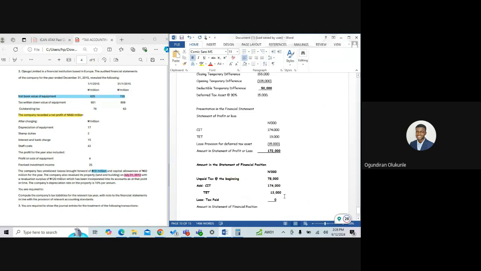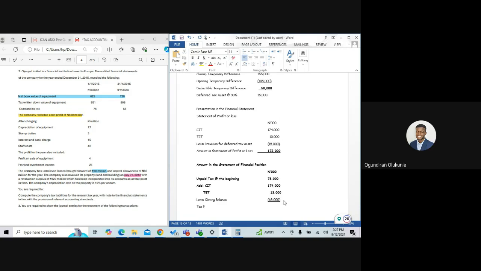We're not given the tax paid during the year, but we're given the closing balance. Less closing balance. So how much is the closing balance? 63. So the difference will now be the tax paid during the year.